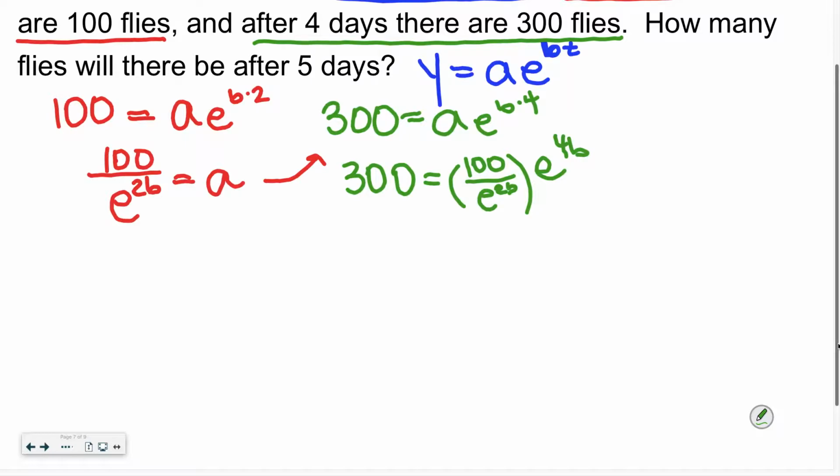Okay. Well, is everyone okay with I solve for A and I put it in for the other one? Okay. Well, now we need to work with it. Now my A is gone and we can solve for B.